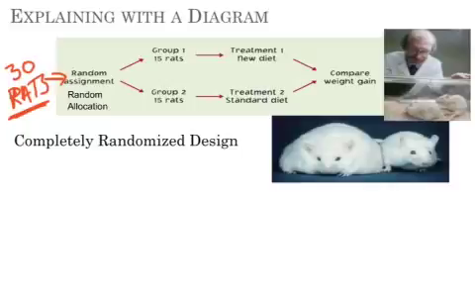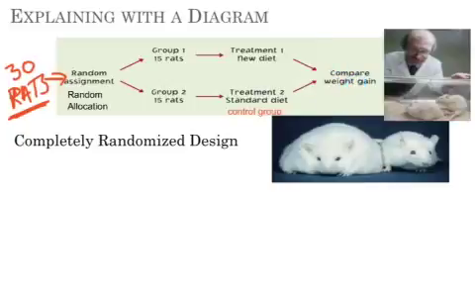You are going to randomly pick your rats into two different groups. 15 go in group 1 and 15 go in group 2. Then, with the arrows going across, you can show your different treatments. In this case, there are two treatments. The new diet that the rats are getting, and your second treatment really is your control group, and that's your standard diet.